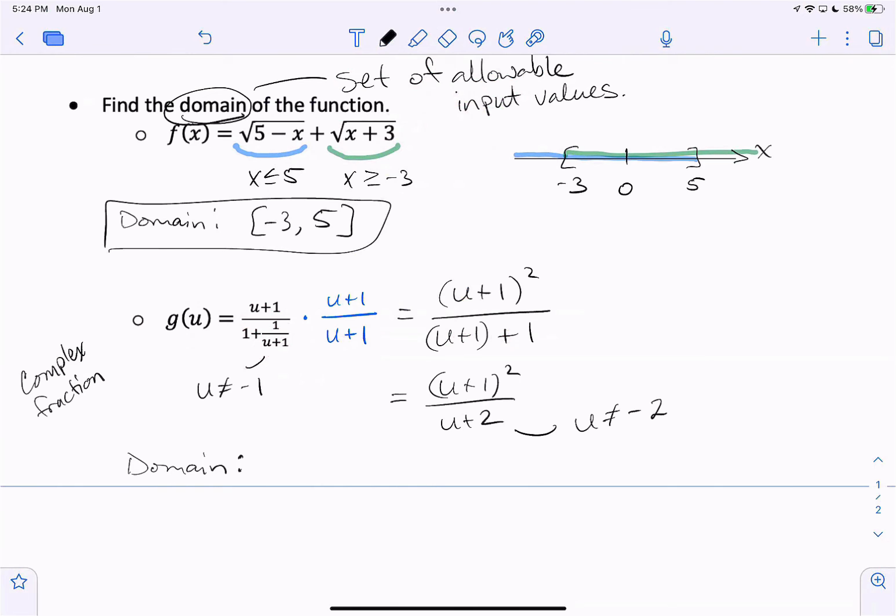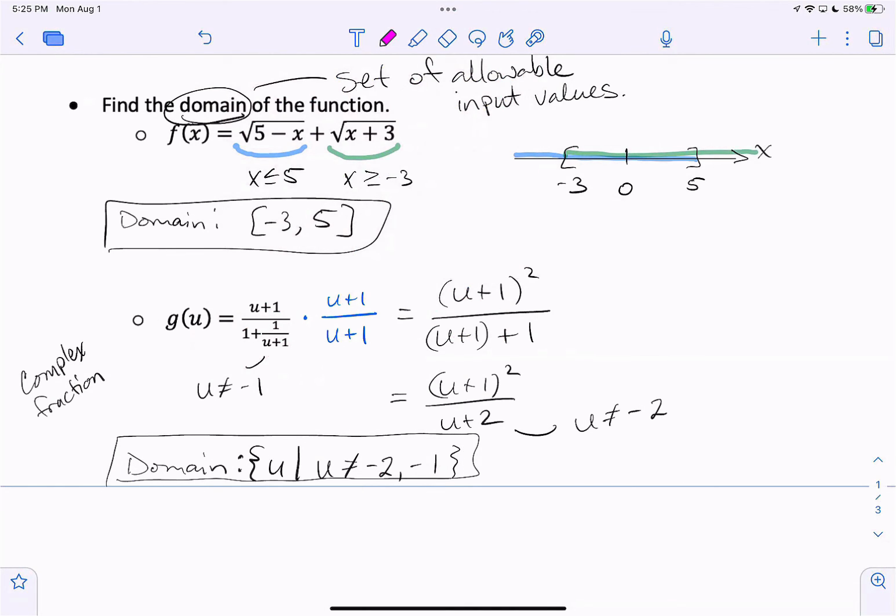In any case, the domain is the set of u such that u does not equal -1 or -2. I'm going to put those in numerical order: the set of u such that u does not equal -2 or -1. I could have left it as -1, -2. Mathematically, it doesn't matter. That is just a personal thing.